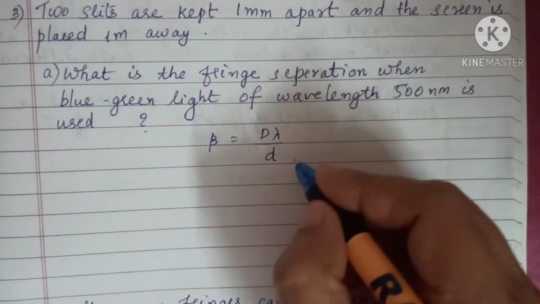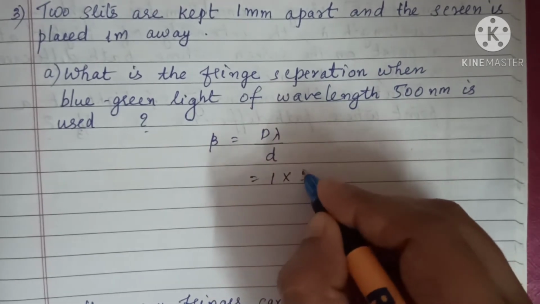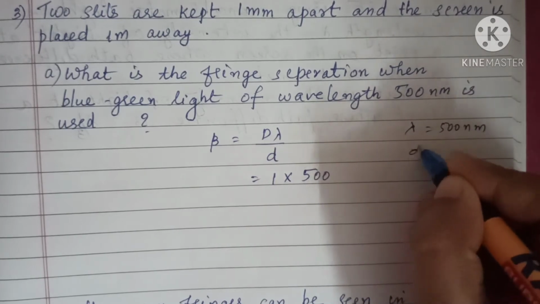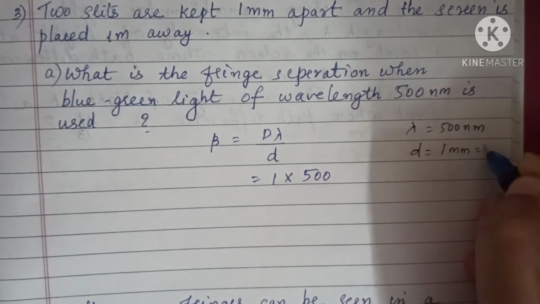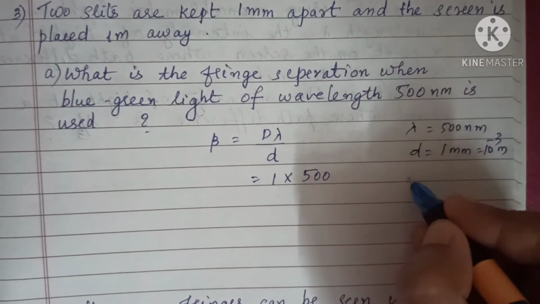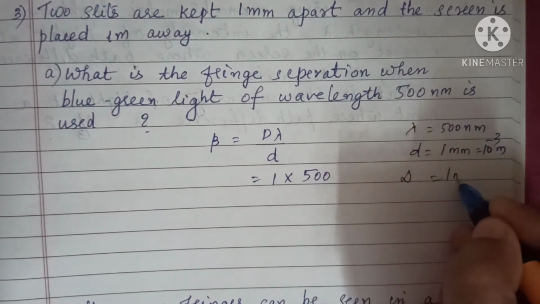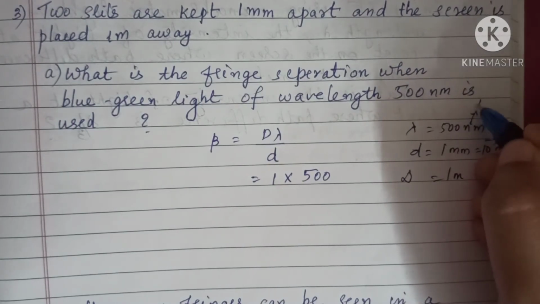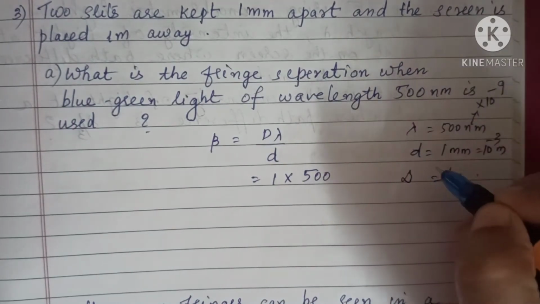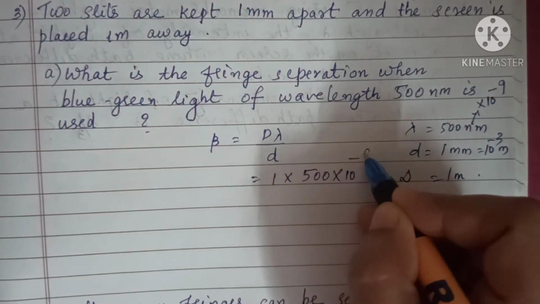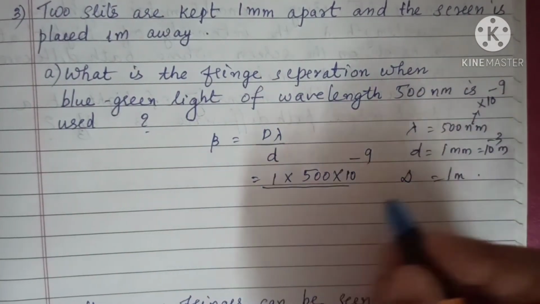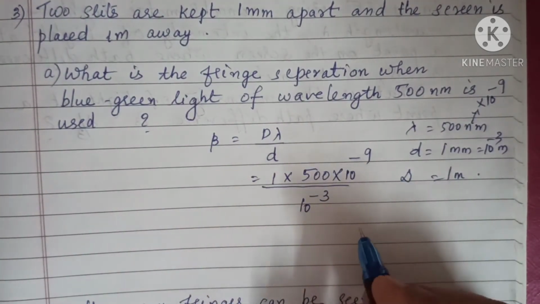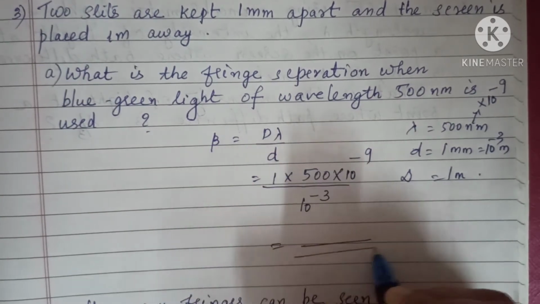That is 1 into lambda, 500 nanometers, then small d is 1 millimeter, which is 10 power minus 3 meters, and capital D is 1 meter. So conversion is important. 500 nanometer should be converted, so you have to multiply it by 10 power minus 9. So 500 into 10 power minus 9 divided by small d, 10 power minus 3. Clear? So you will get beta.